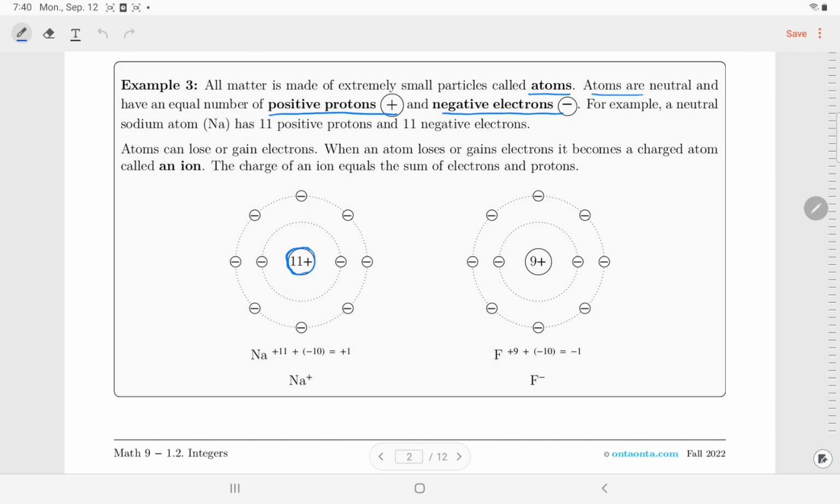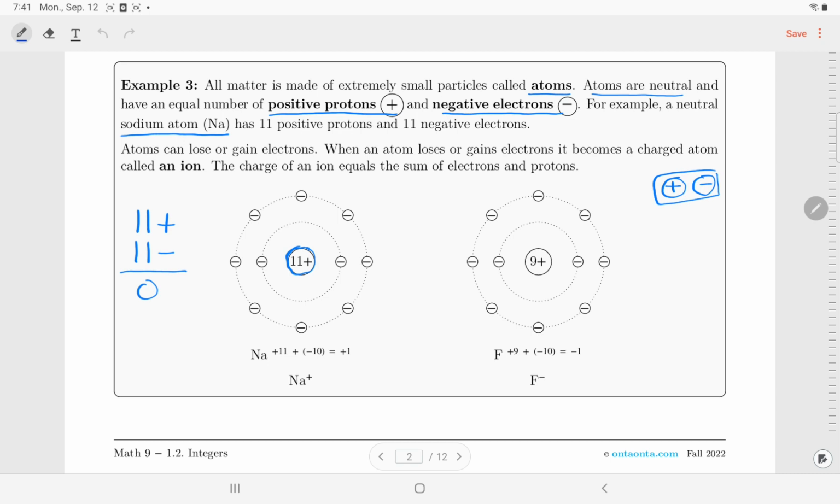Since atoms are neutral, the numbers of protons and electrons must be the same. +1 and 1 negative equals 0. For example, a sodium atom has 11 protons inside the nucleus and 11 electrons outside the nucleus.